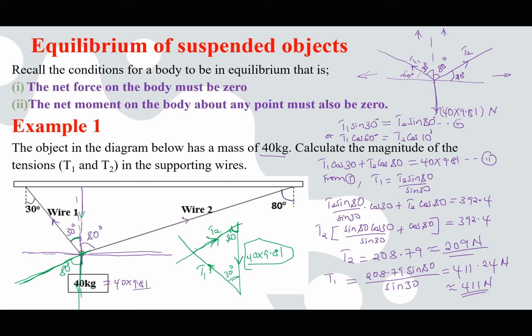And when they meet, we just measure the distance from here up to here times the scale. Those will be the values of T1 and T2, as simple as that. You can watch more of this in the solved past paper questions. Okay, so I think the answers are correct.